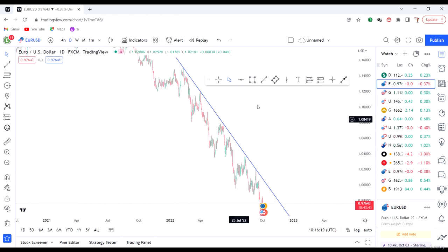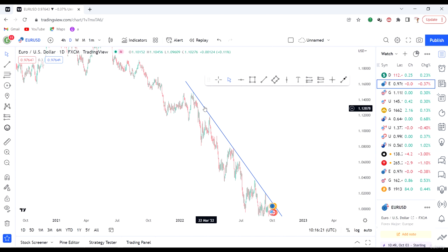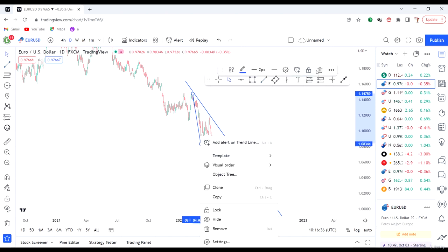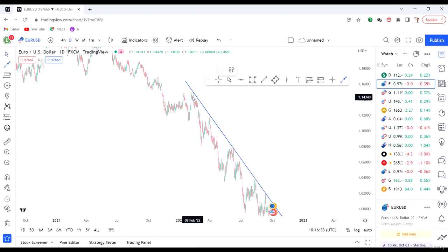Now you can see that starting from here, for example, this is high, and then it came down and made this move. Let me just use the arrow instead. After it made this move, it went up. Remember I said this is the impulse leg, and then this is the corrective leg, or the retracement.